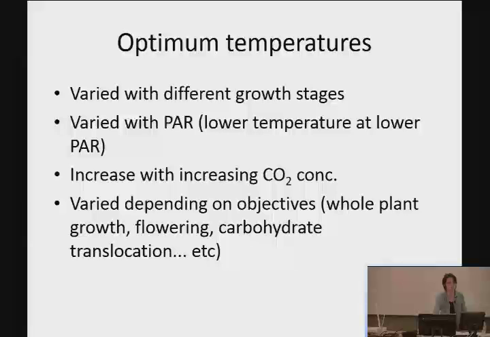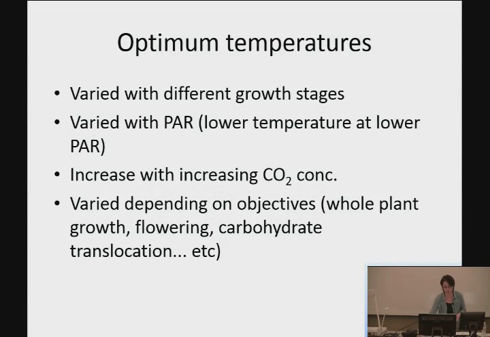If the light intensity is low, such as on a cloudy day, the optimum temperature should be lower because of respiration. Dark respiration is not affected by light, right? But it still increases exponentially, so when gross photosynthesis, which is strongly affected by light intensity, is reduced on a cloudy day, you probably want to lower the temperature so that the net photosynthetic rate is still high. Okay? You can think about that.